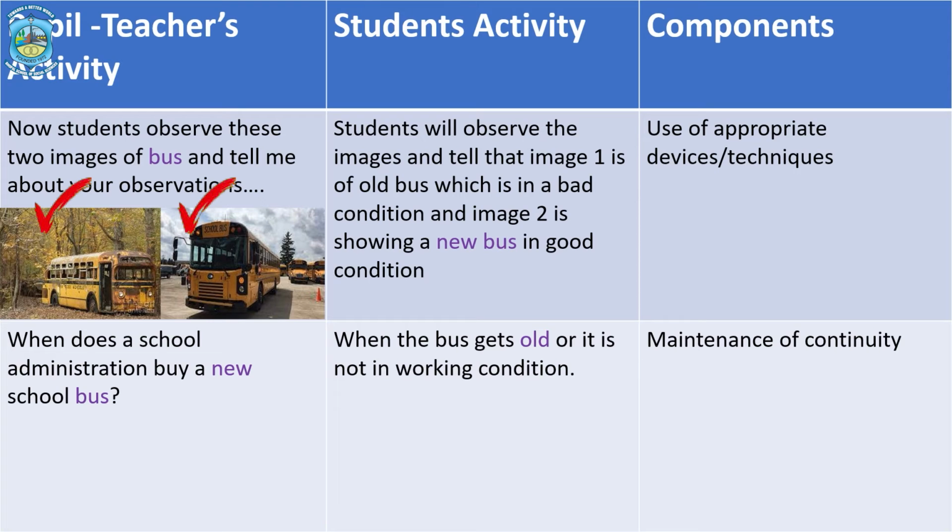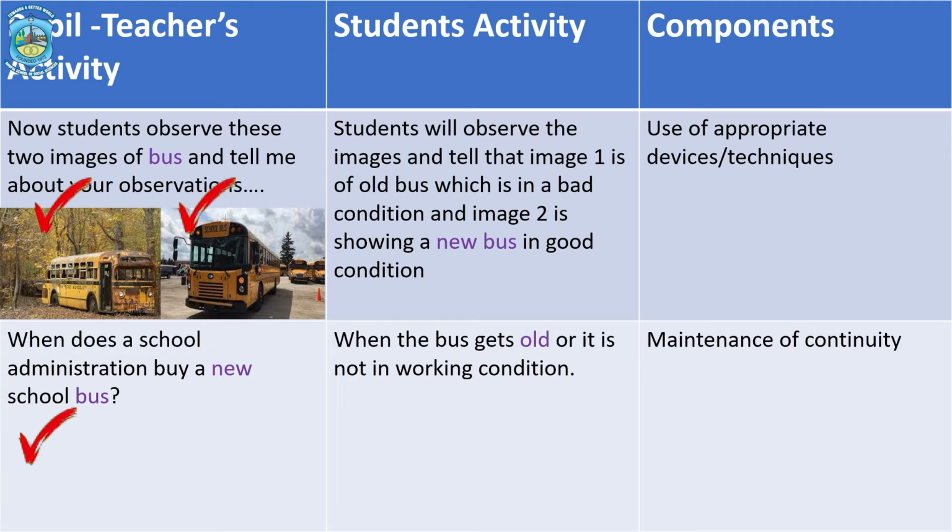Now, next under pupil teacher's activity, when does a school administration buy a new bus? So, the expected answers under student activity is when the bus gets old or it is not in a working condition.